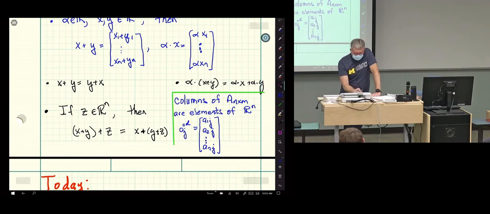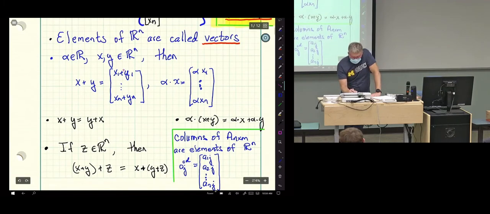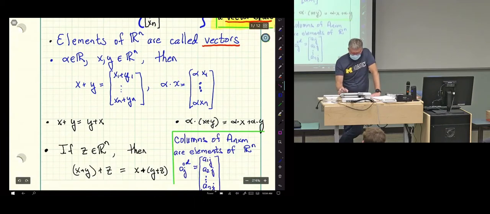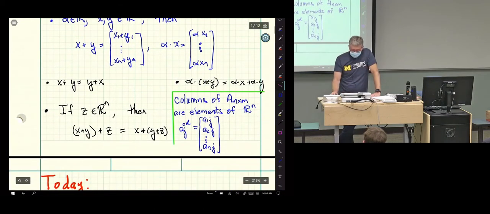And the reason that works is because addition of real numbers satisfies all of those properties. So we're just taking properties of the reals, and if we use that as our definition of vector addition, and this is our definition of scalar times vector multiplication, we inherit the nice properties of numbers in the reals.